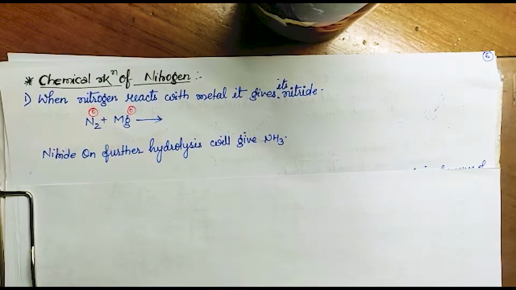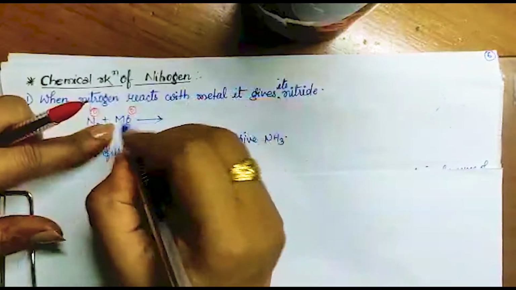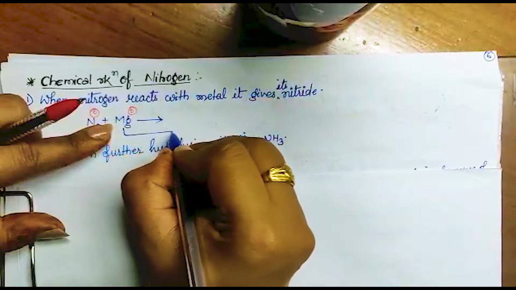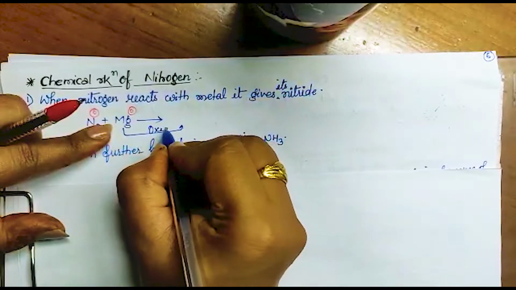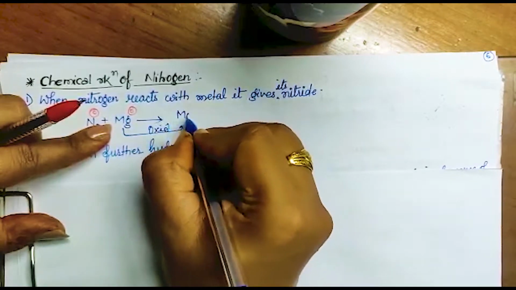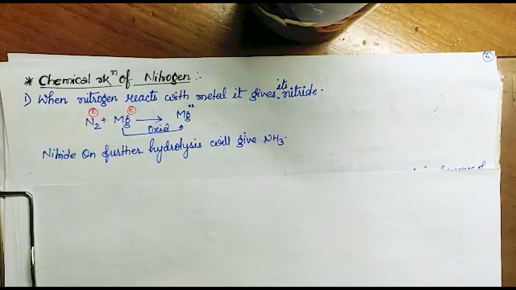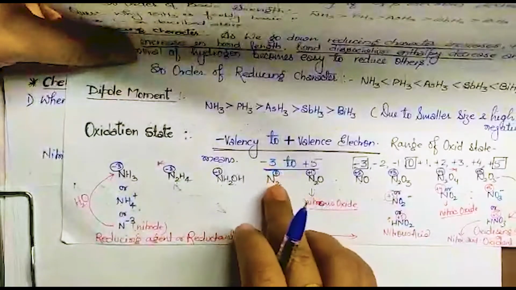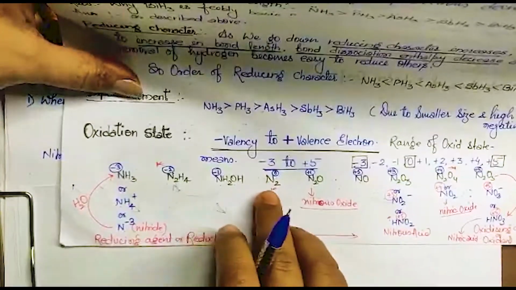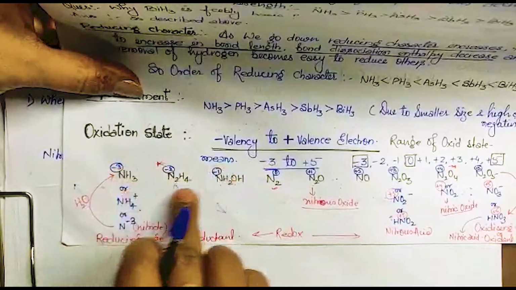Yes, metal we know that. So Mg, if it goes, is going to be oxidized. Obviously it will be oxidized, and after being oxidized, what will it give? Mg +2. Yes, isn't it? Got it? And see in this nitrogen, if N2 is here, and if it undergoes reduction, it will give one of these products.